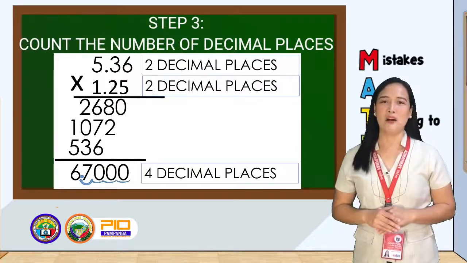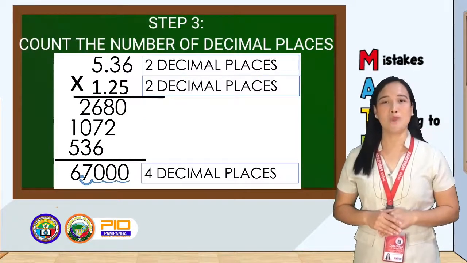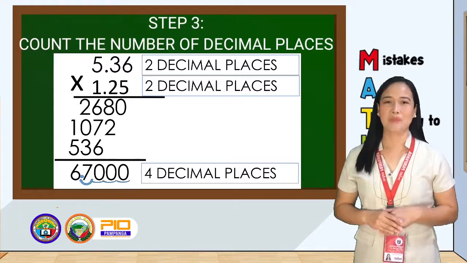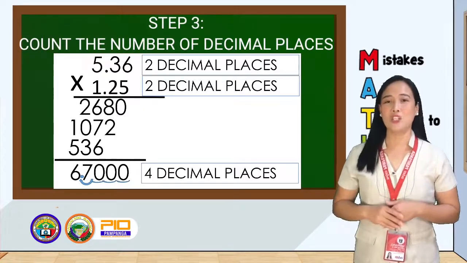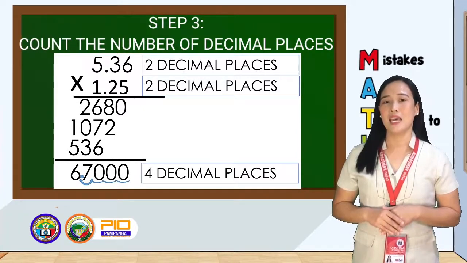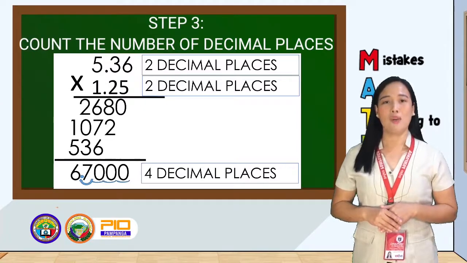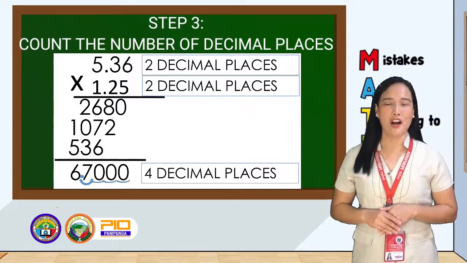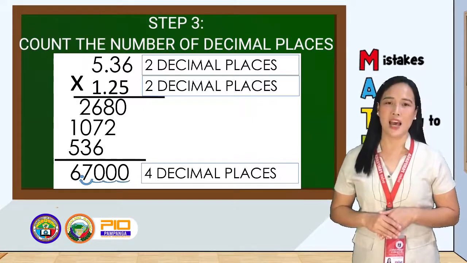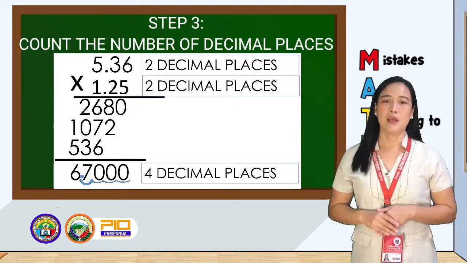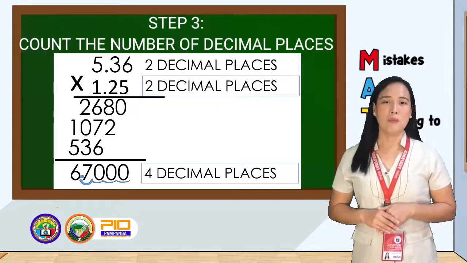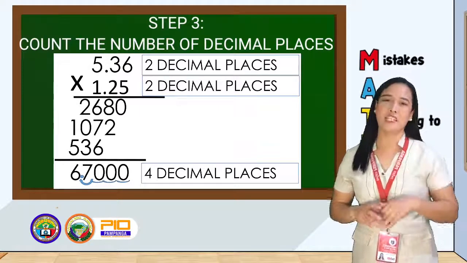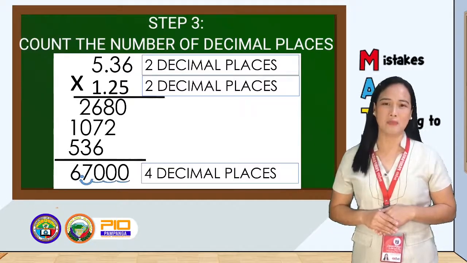Count the number of decimal places in both factors. In this case, there are 2 decimal places in the multiplicand and also 2 decimal places in the multiplier. So it means there are 4 decimal places in the factors. So it means we will be having also 4 decimal places in the product.